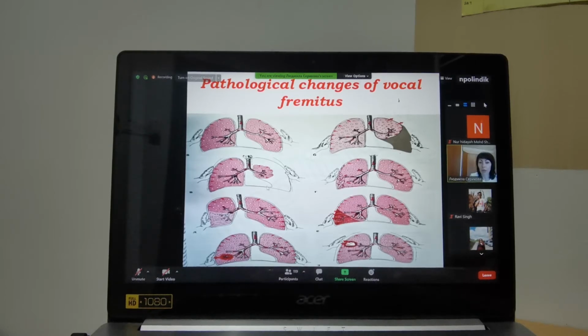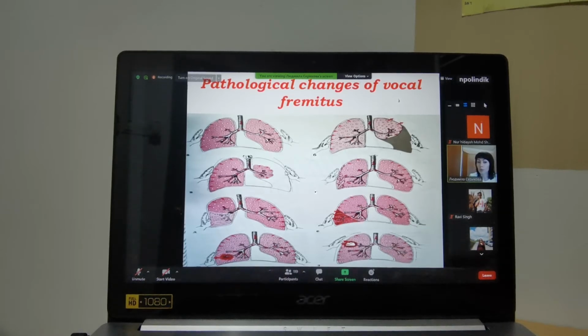After that, we have air accumulation in the pleural cavity. Fluid, according to gravity, usually accumulates in the lower part of the pleural cavity. If it is air accumulation, we have it around the lung, and the lung is compressed near the root, like this. I am talking about distance, because vocal fremitus is the transmission of sounds from the vocal cords through the tracheobronchial tree to the chest surface.